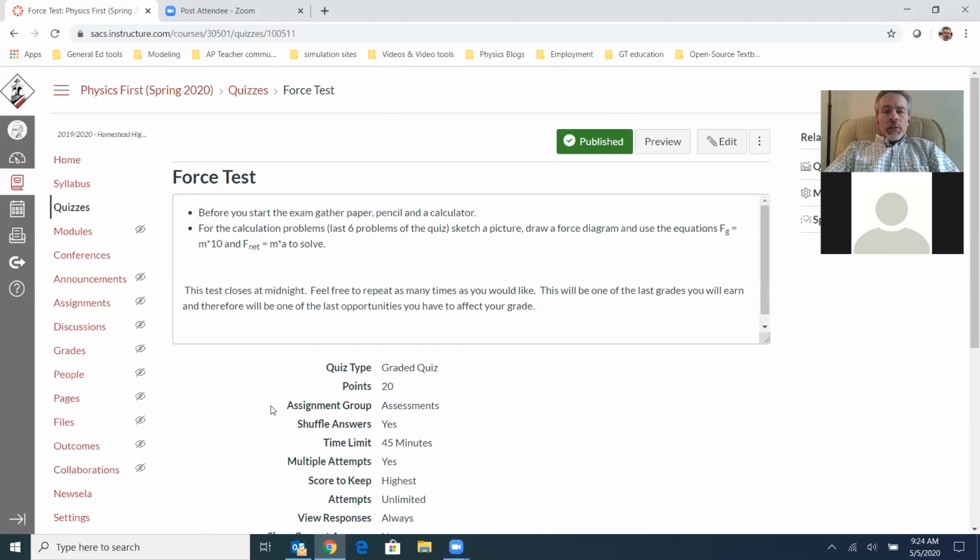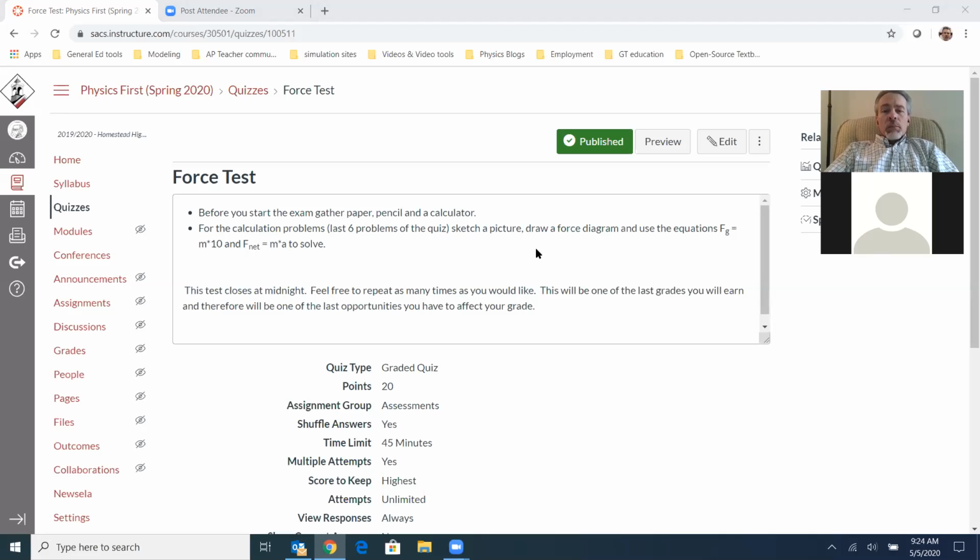If you click on this, I recommend that you get some paper, pencil, and a calculator right now, before you do anything else. That way you can draw a force diagram or a picture or a sketch on the paper.